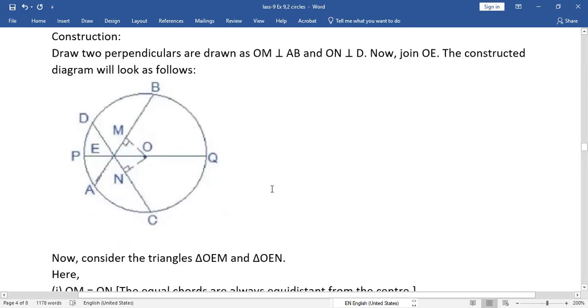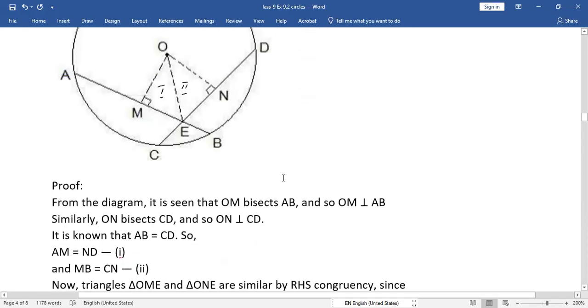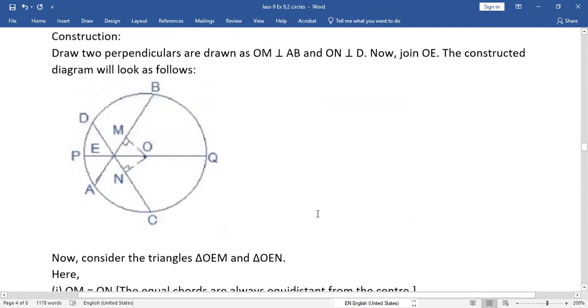Look here, the figure is the same figure, no confusion. The chord is down only, that is the only difference. Here also we have to prove that the angles are the same.